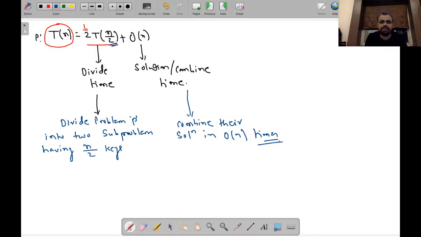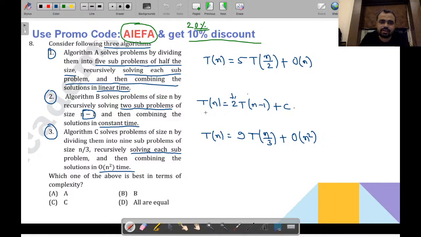Similarly, we have to solve the previous problem with this concept. Algorithm A solves the problem by dividing it into five subproblems of half the size, recursively solving them and combining their solution in linear time.